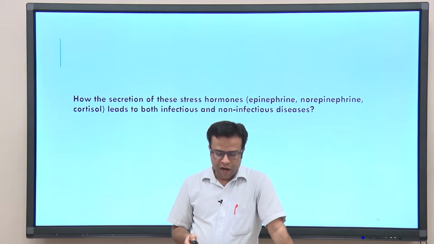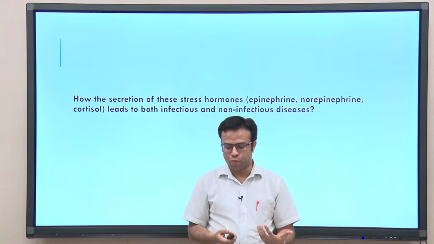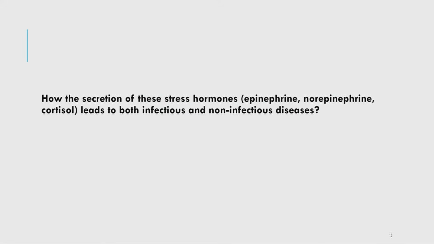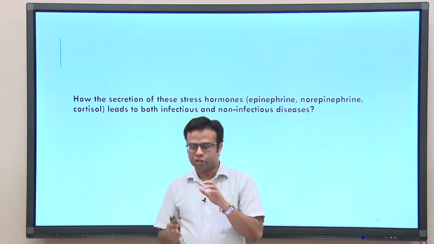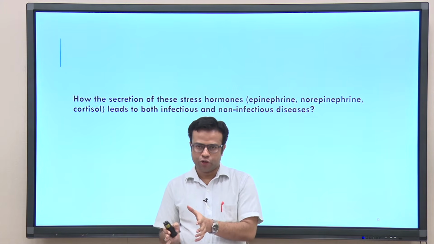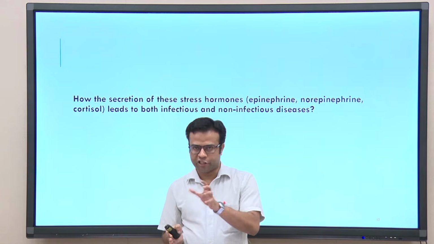Now, the question is how the secretion of these stress hormones can lead to both infectious as well as non-infectious diseases. This is the question we will try to understand. Today, we will try to understand the non-infectious diseases part.